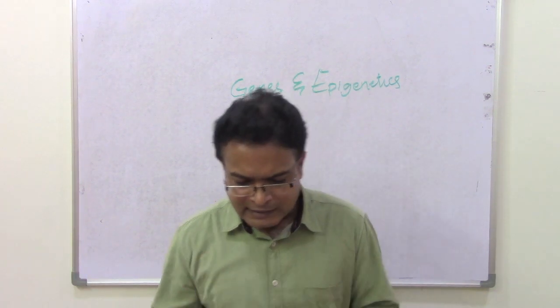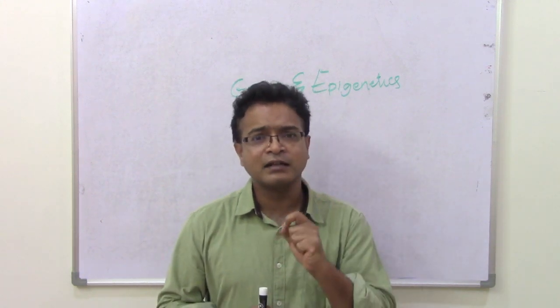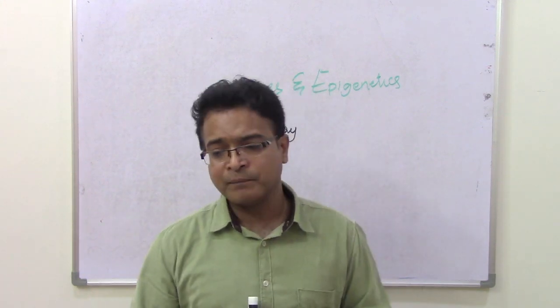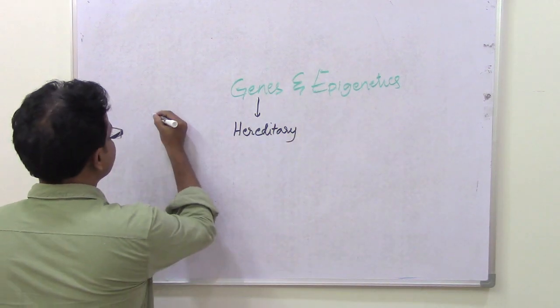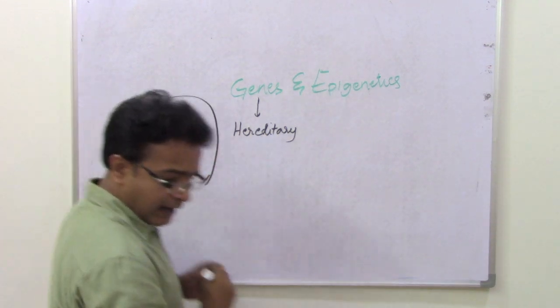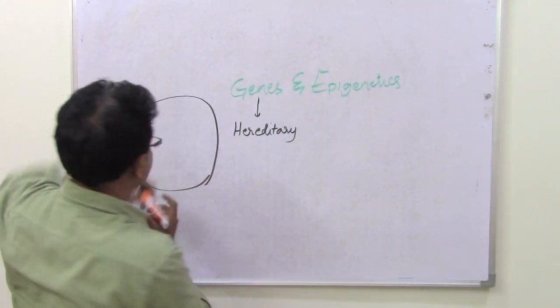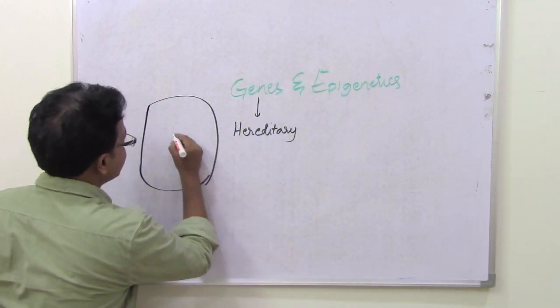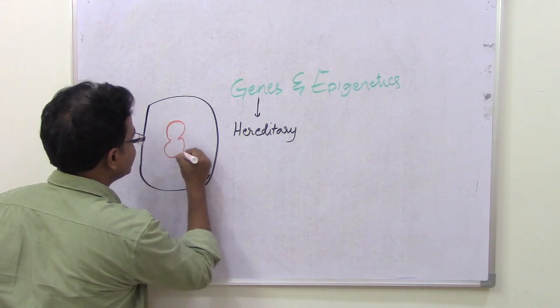This led scientists to look for that hereditary material in an individual cell. When a cell is dividing and forms a new baby cell, the chromosomes are divided inside the nucleus.